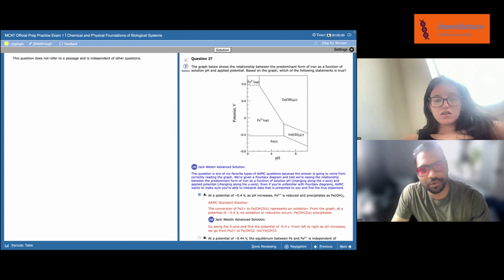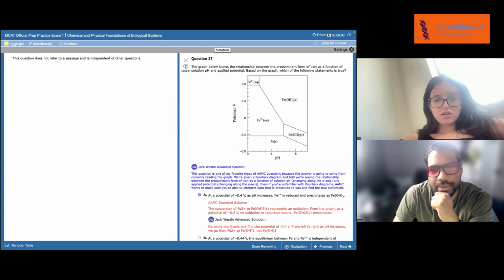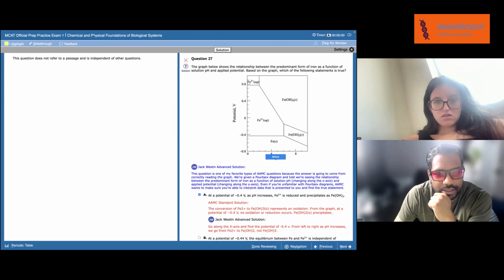Okay. The graph below shows the relationship between the predominant form of iron as a function of solution pH and applied potential. Based on the graph, which of the following statements is true? So the x-axis is pH, the y-axis is potential.